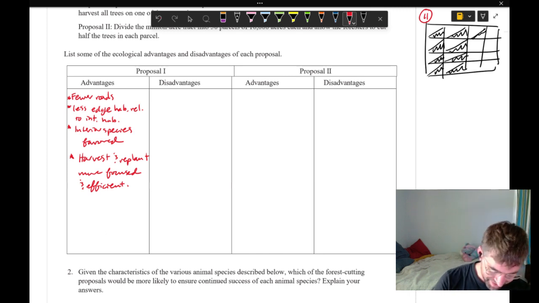So disadvantages. Let's do the regeneration of trees. The regeneration rate for trees would be slower because seed sources are more distant.